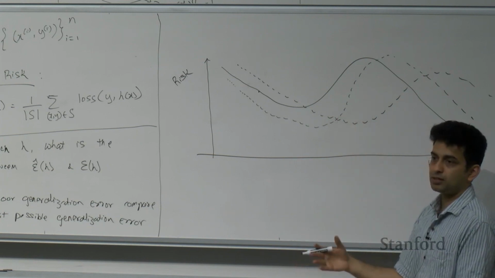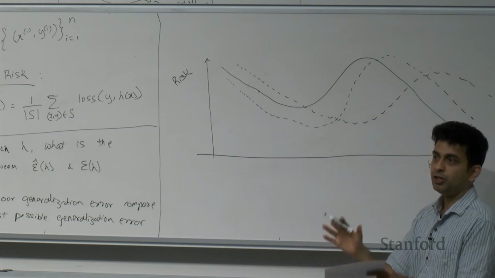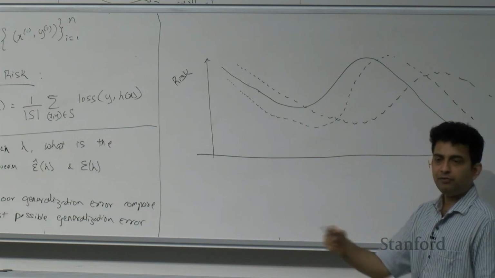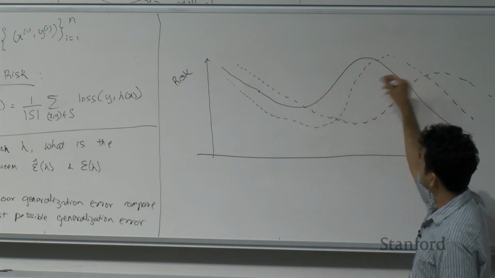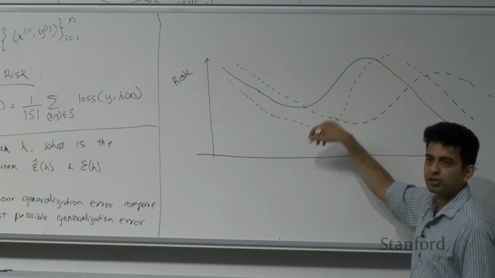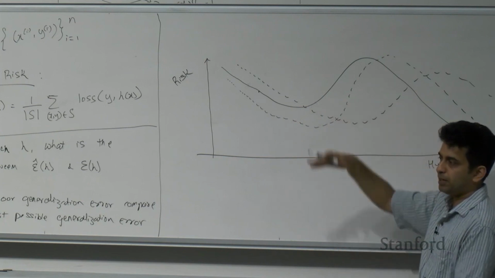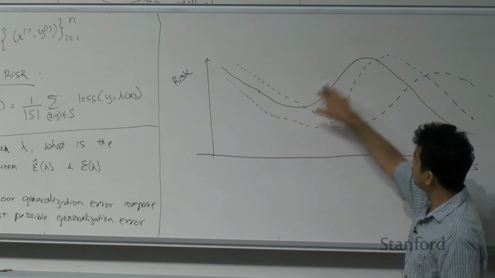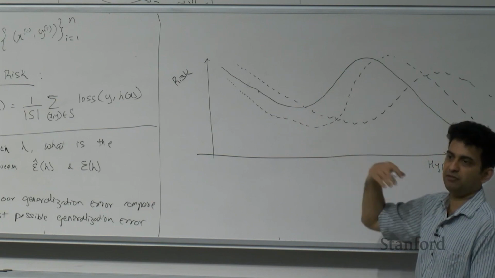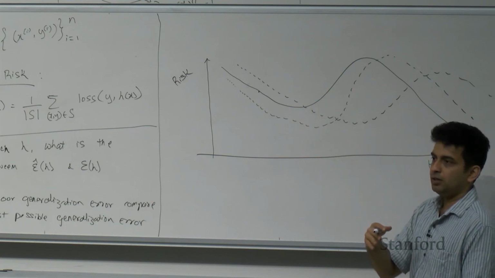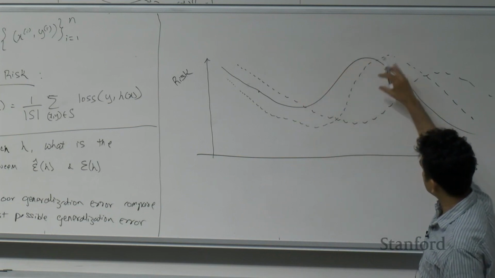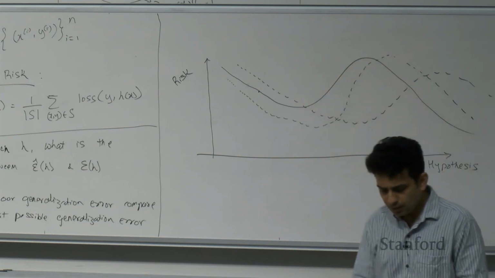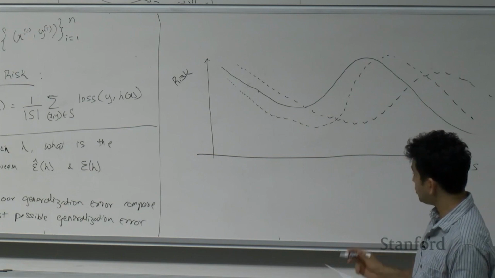Both training sets are sampled from the same data generating distribution, and they have the same size. If we keep repeating this again and again, we're going to get more and more such dotted lines, more and more such empirical risks that are spread about the true risk with some variance. And you can imagine that if we increase the data set size, then the spread around the true risk will be much tighter. We'll formalize that shortly.